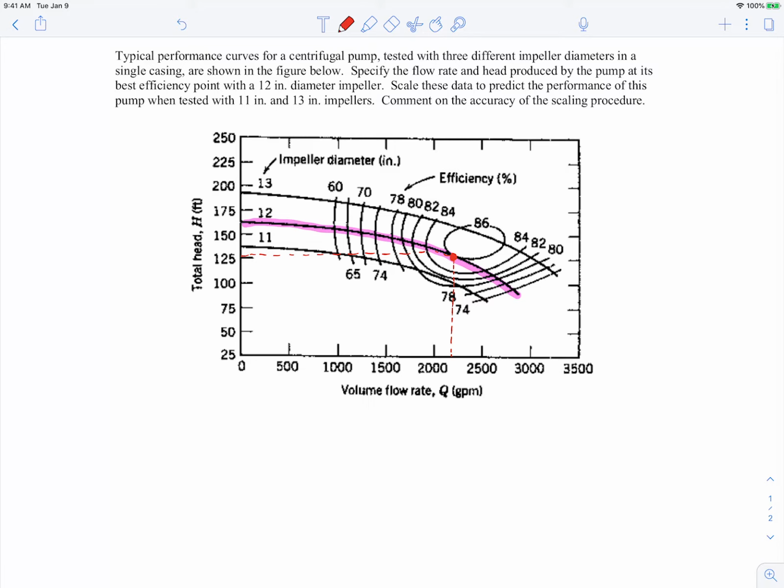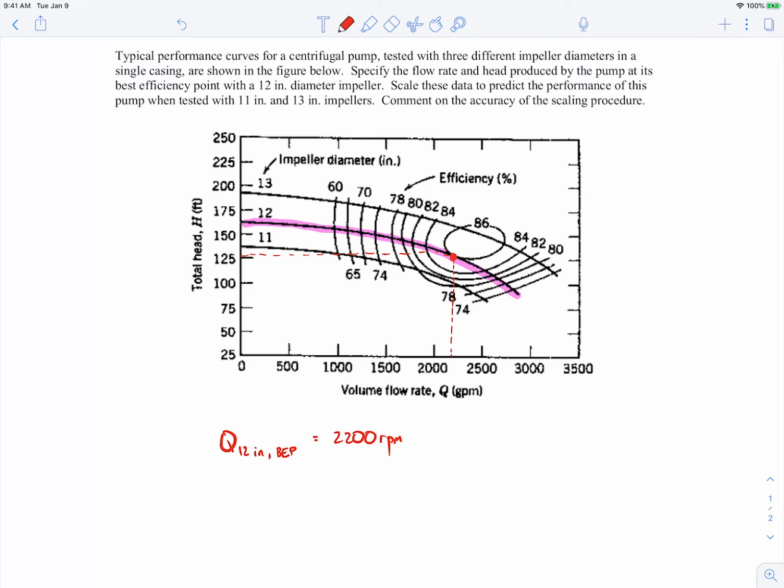So when I did this previously and I was more careful, I got the volumetric flow rate at the best efficiency point for the 12-inch impeller diameter to be 2200 RPM. It's pretty close to what I had right there.